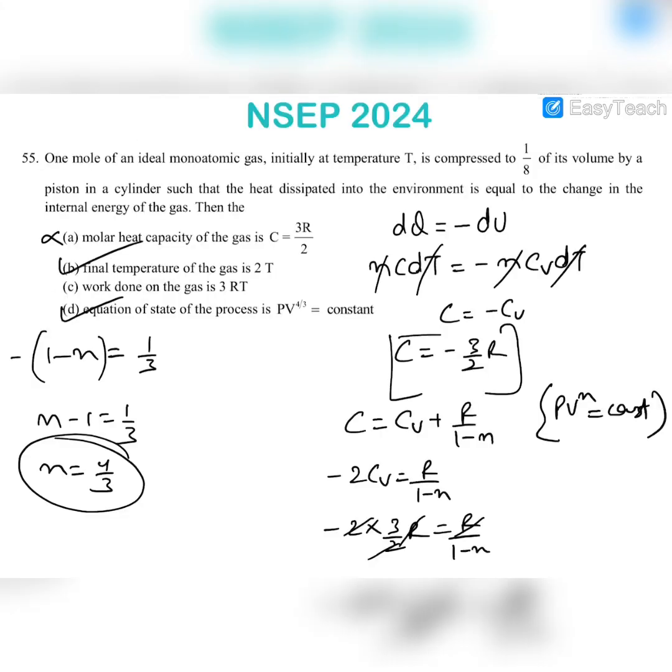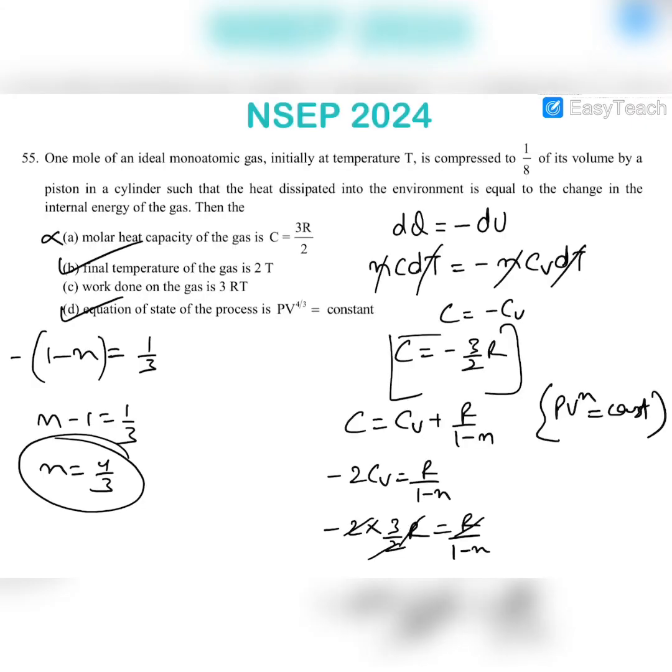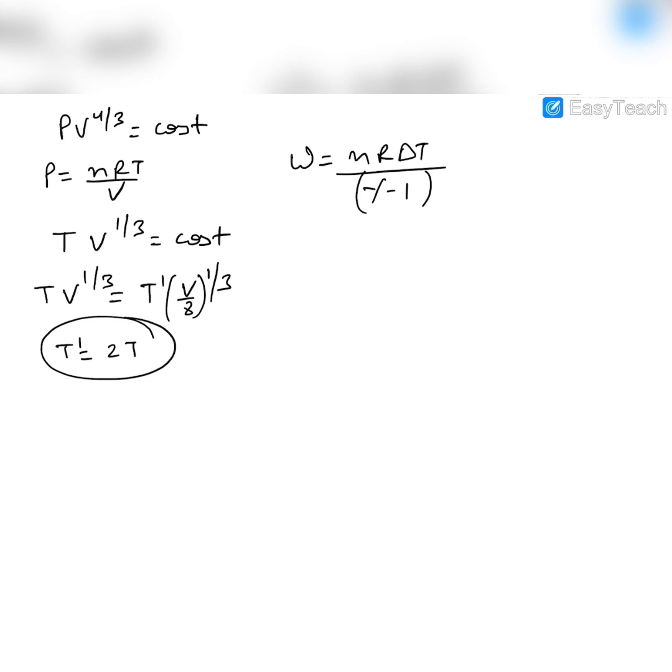Now work done. Work done in any polytropic process is equal to nR delta T divided by gamma minus 1. Obviously this is work done on the gas, which means that the work done by the gas is negative, because the gas is being compressed.